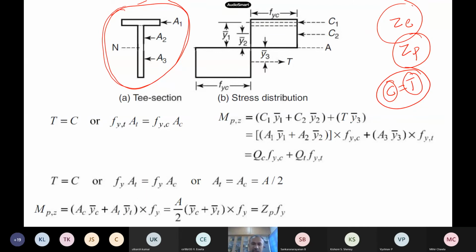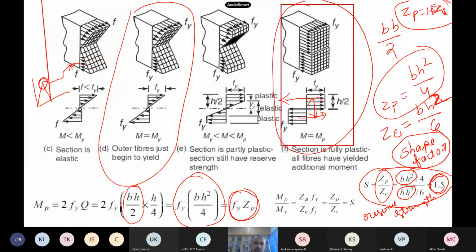So this plastic axis, and the neutral axis you would have heard of. What do you mean by neutral axis? In your mechanics of materials, it is the zero stress axis, elastic. This zero stress axis we call the neutral axis.